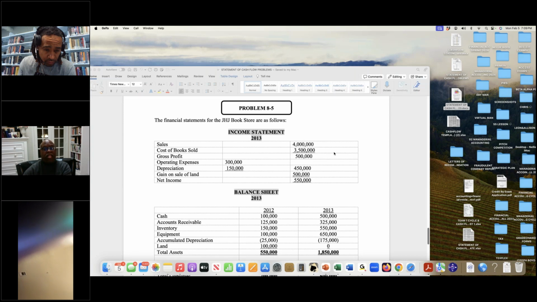You have a car, you bought a car, it goes down in value every year. You know it's going down in value, but it's not an expense in that regard. If we subtracted it out, then we have to add it back because it was not a cash expenditure.